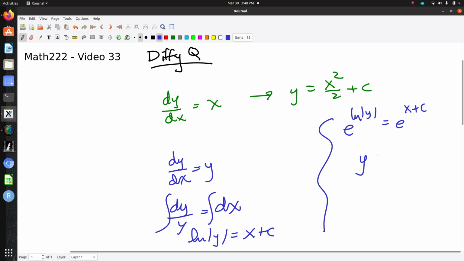I'm going to drop the absolute value sign because hopefully, well, maybe I won't, I don't know, is equal to e to the x plus c. But I'm going to play fast and loose with the c. It's a different c now. Maybe I'll make it a capital C, and the other one was a lowercase c. And so there you go. We got back to the answer we knew to be correct. But we didn't have to use natural log.